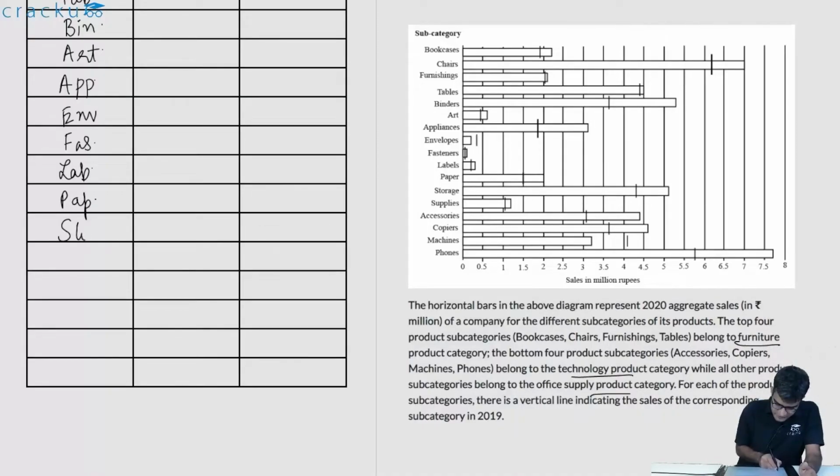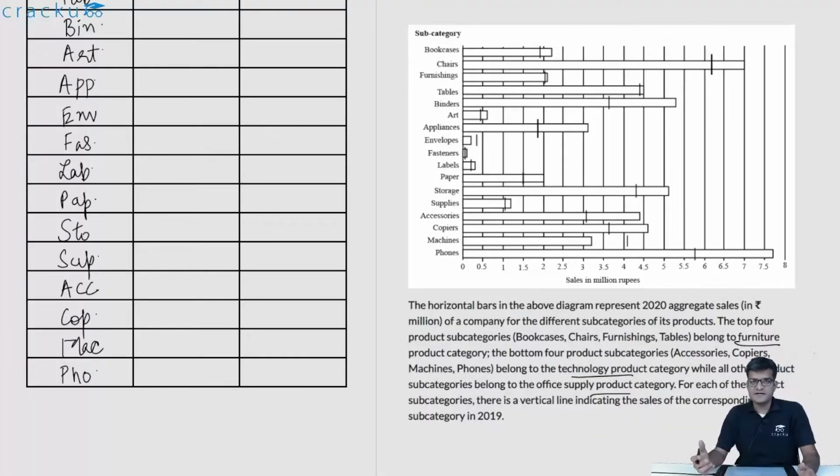Storage, STO. Supplies, SUP. Accessories, ACC. Copiers, COP. Machines, MAC. And phones, PHO. So like we discussed earlier, we won't fill out the entire table. Only when it is really needed, we'll fill it up. So let us first answer the first question.